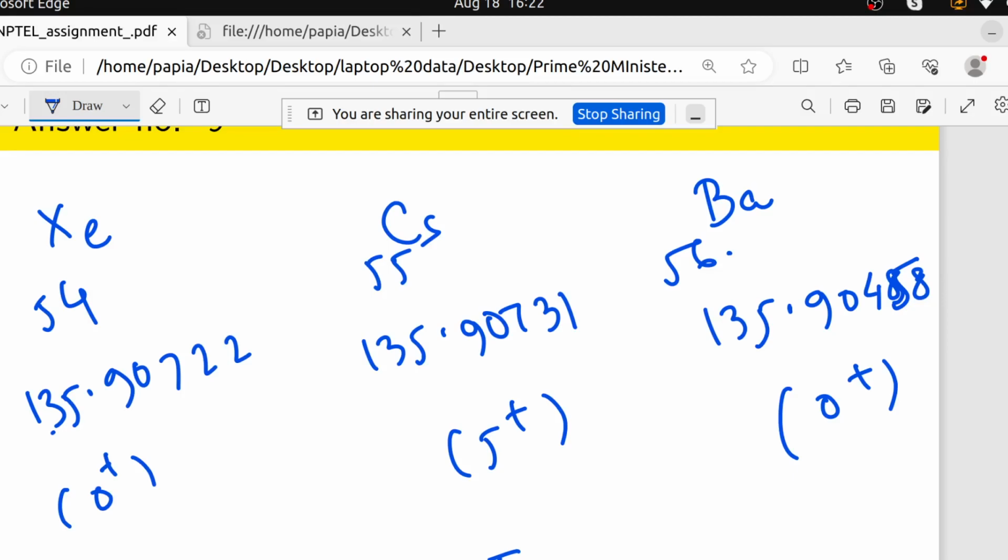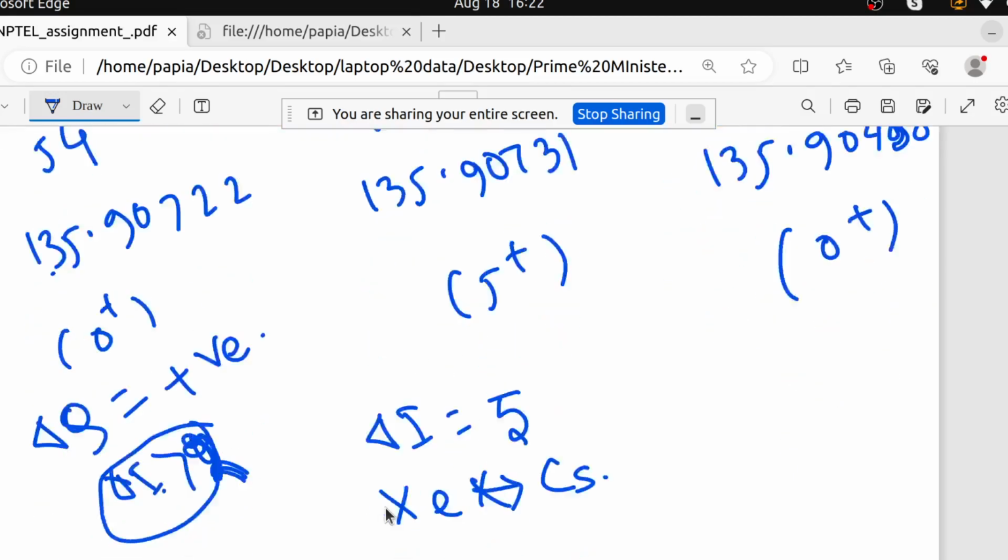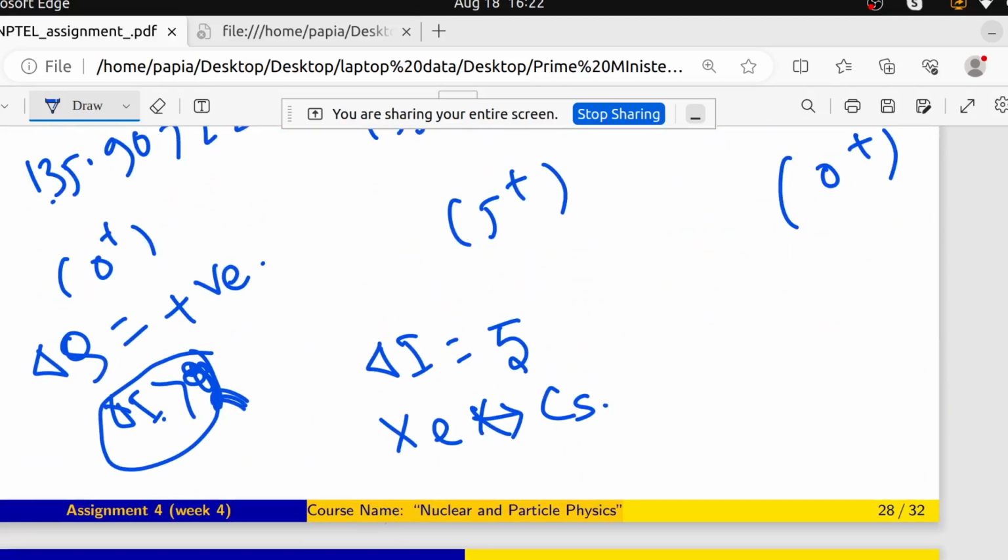Now coming to the energy. See, mass is nothing but related to energy. So beta decay will only be possible if and only if delta Q is positive. What is the meaning of delta Q being positive? Let's say xenon is going to cesium, then the mass of xenon should be greater than the mass of cesium.